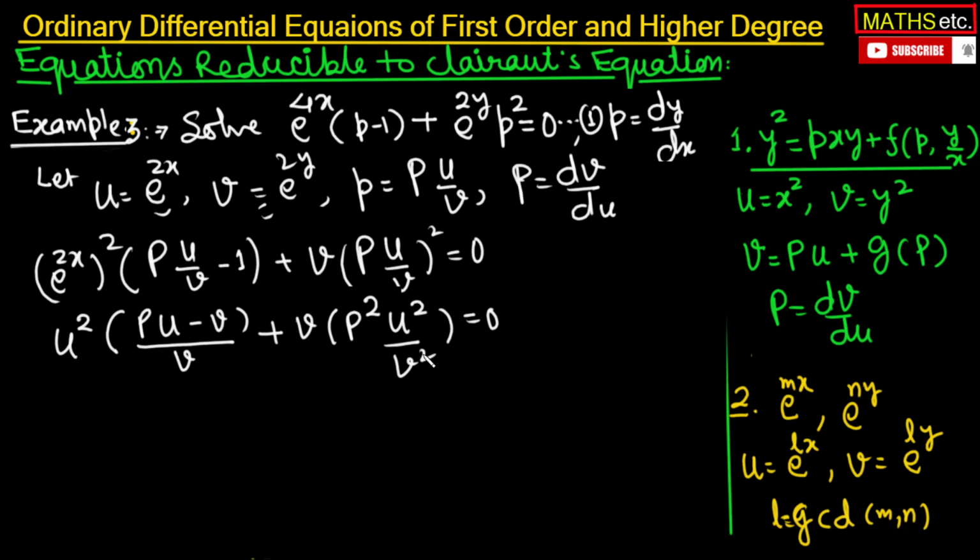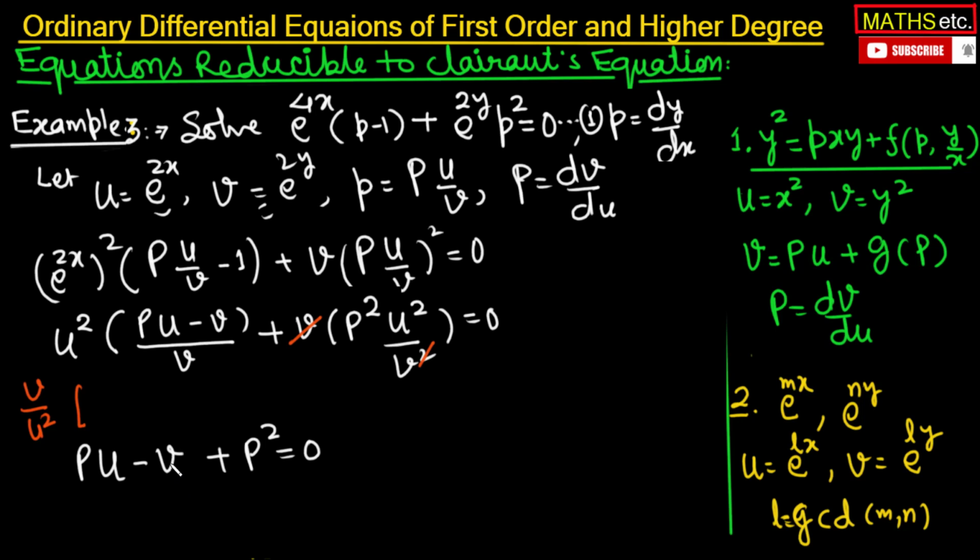Here v cancels with v squared, leaving v in the denominator. Now we multiply this entire equation by v over u square. Then u square cancels out, v cancels out, and again u square and v cancel out, and we get pu minus v plus p square equals 0.